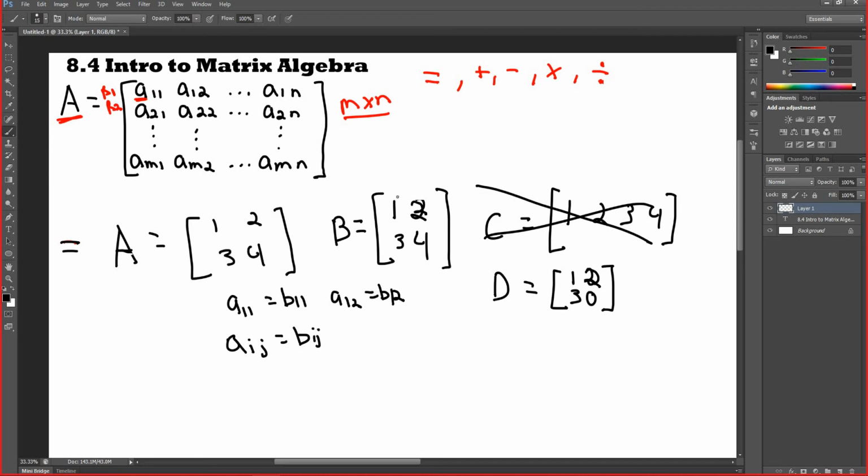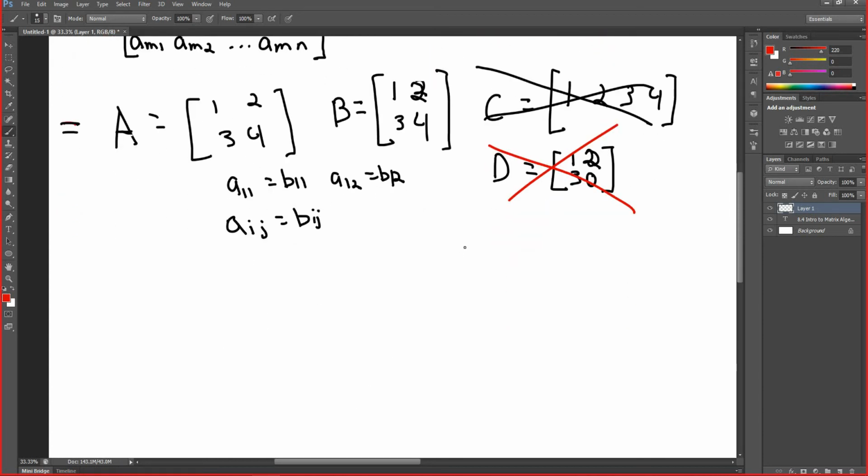So in this case, A and B are equal because we have 1, 2, 3, 4 and 1, 2, 3, 4, but neither is equal to D because it has 1, 2, 3, 0. So equality, fairly straightforward. If the two matrices are exactly the same, meaning same order and same entries, then they are equal.